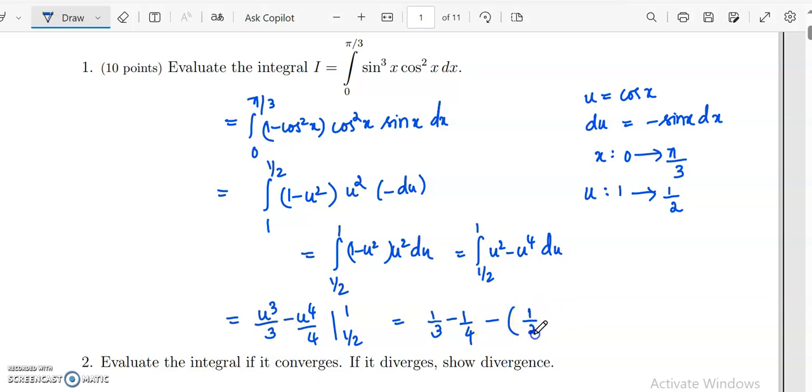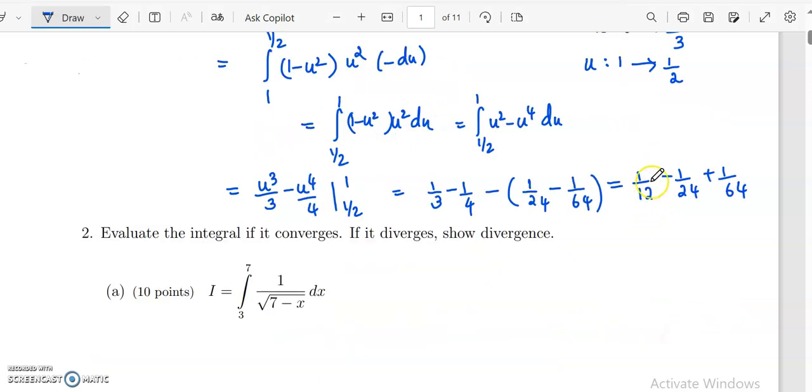So we will get 1 by 24 as the first term, and 1 by 64 will come. So that will be equal to, this difference will be 1 by 12 minus 1 by 24 plus 1 by 64. 1 by 12 minus 1 by 24 will be 1 by 24, plus 1 by 64.